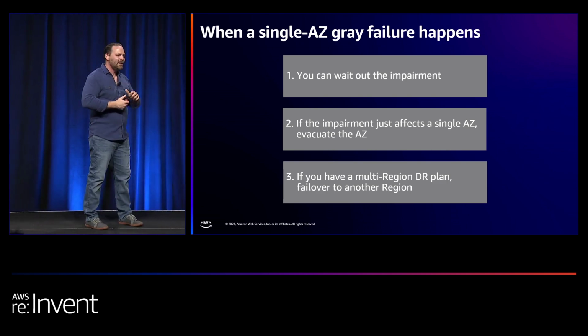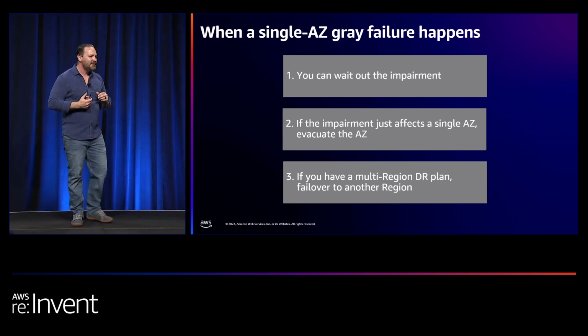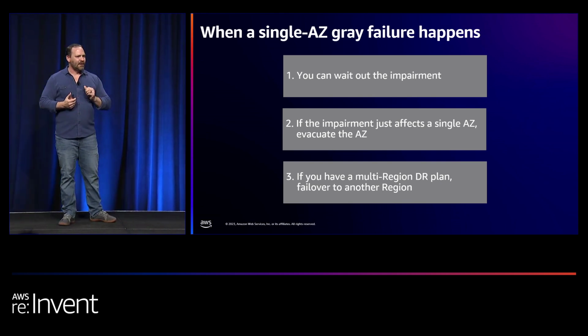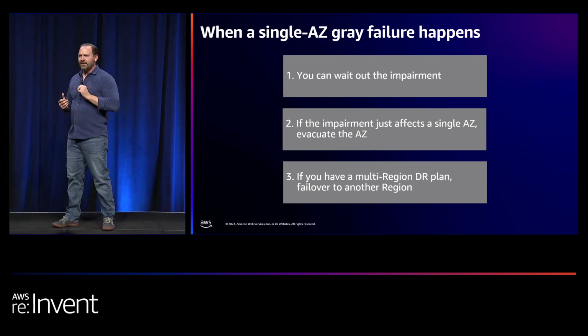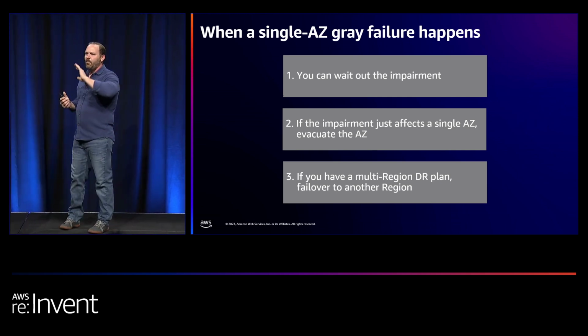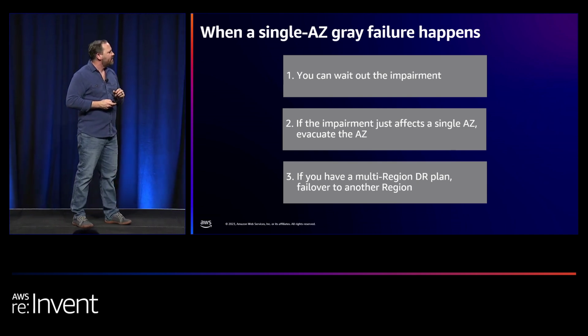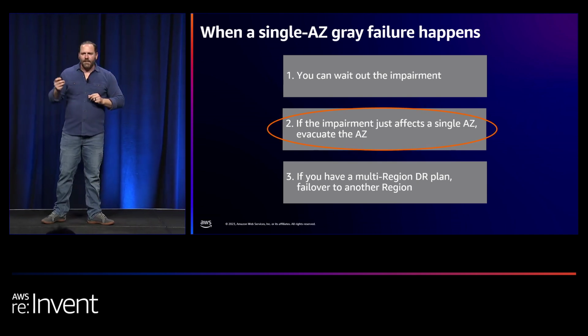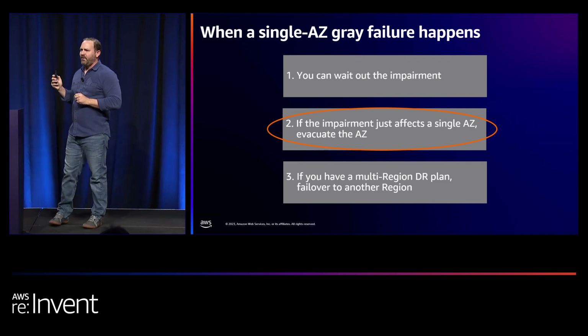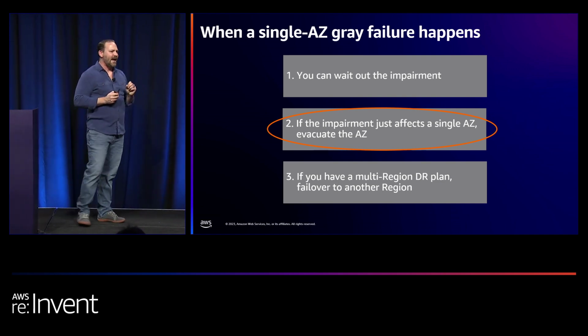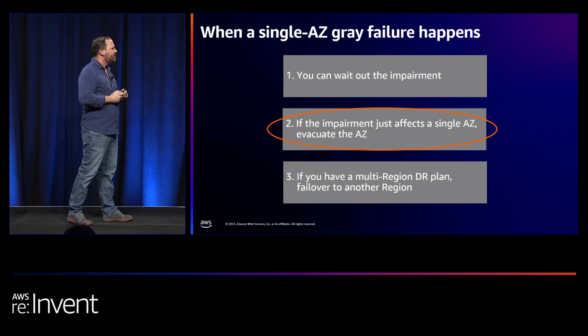You will never be able to achieve a 0 RTO because you still have to detect the failure happened, but you'll recover a whole lot faster if you don't have to make any changes to your environment except for just removing traffic from a single AZ. And so that's what we're going to talk about: how do we evacuate a single availability zone so that we can recover faster and with no data loss?